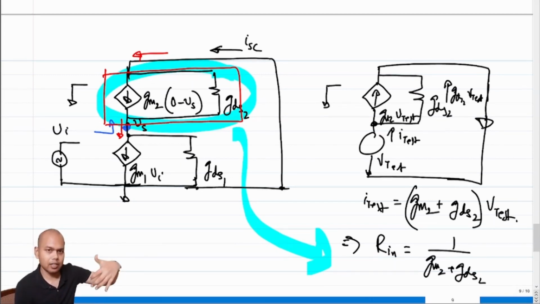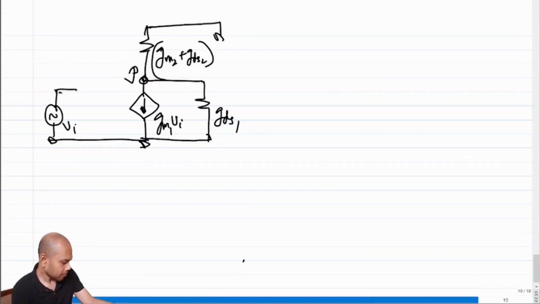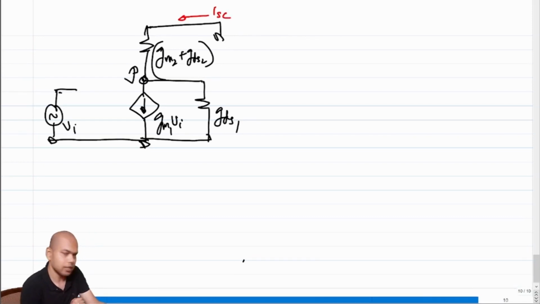Because there is no other leakage path, whatever current comes in from the top has to come out from the bottom, or whatever current is going in from the bottom has to come out from the top, correct? So if that is the case, this will be ISC.